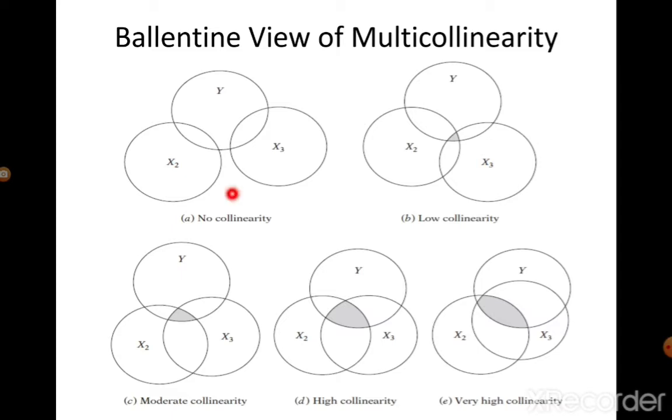Your figure A is a situation of no multicollinearity. Here the circle y represents variations in dependent variable yi. This circle shows variations in variable x2. The circle here shows variations in the explanatory variable x3. This intersection region represents that part of variations in y which are being explained by variations in x3.